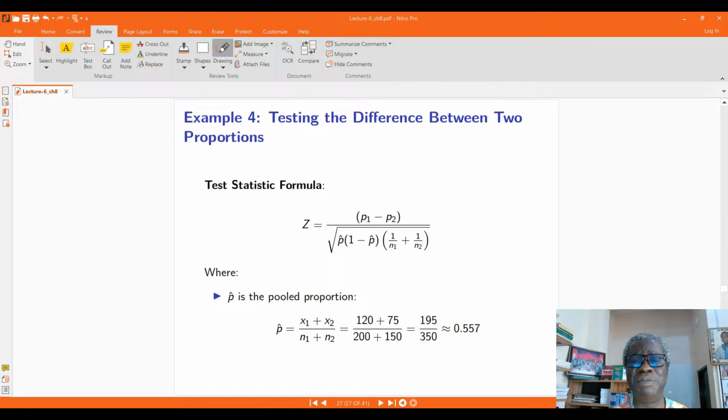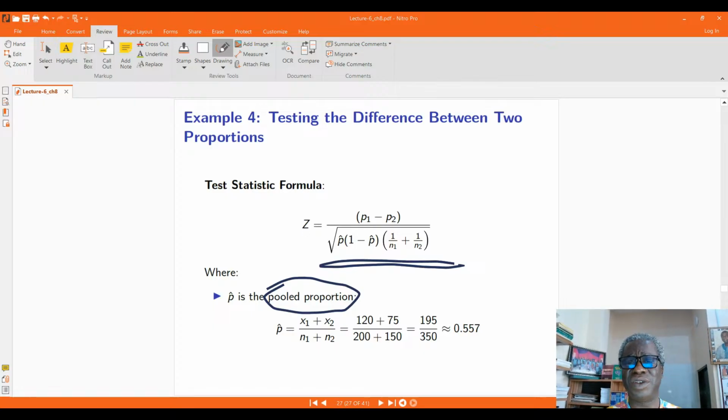So we can now compute our test statistic using the formula. But before you do that, you have to get the pooled proportion. The pooled proportion is the sum of successes from the two, 120 plus 75, divided by the sum of the samples from the two, which is what you have here.